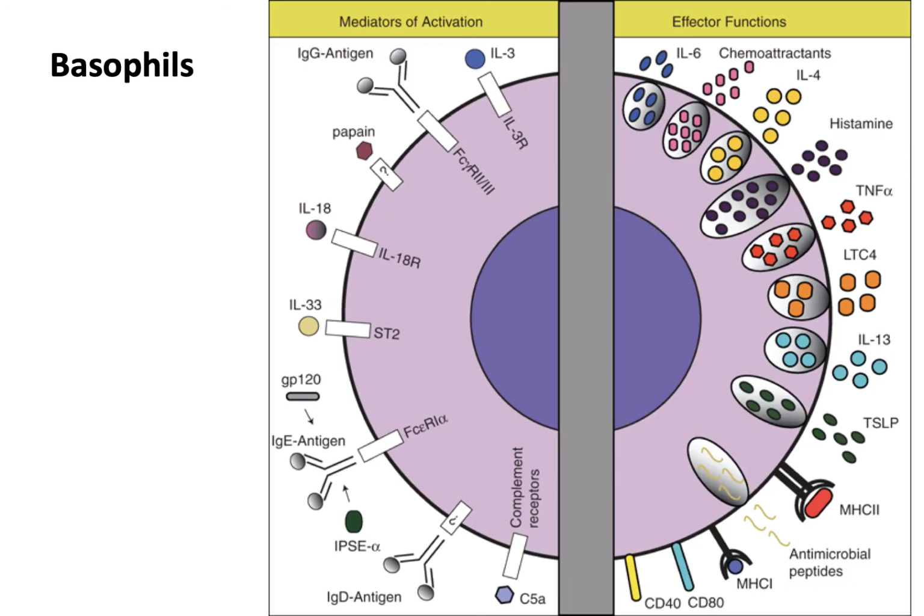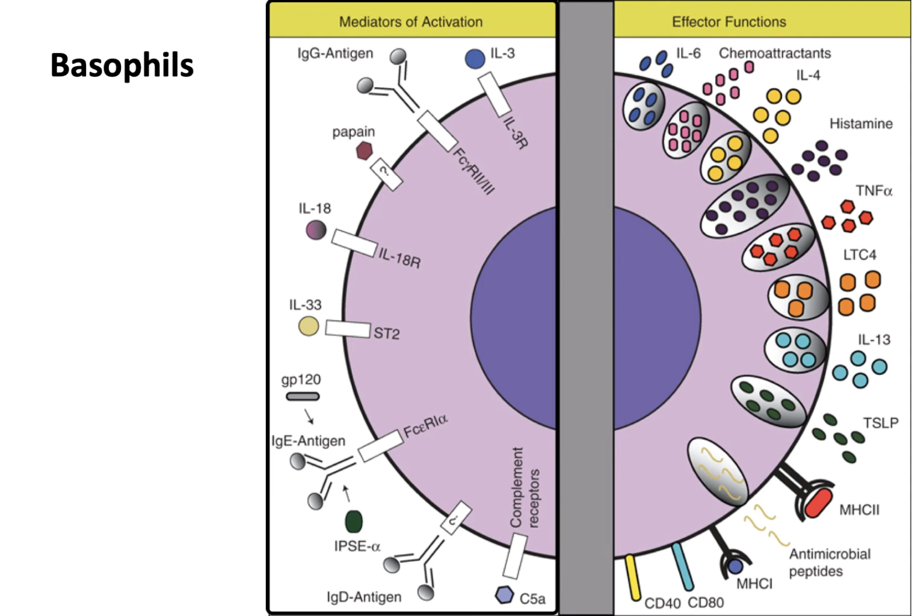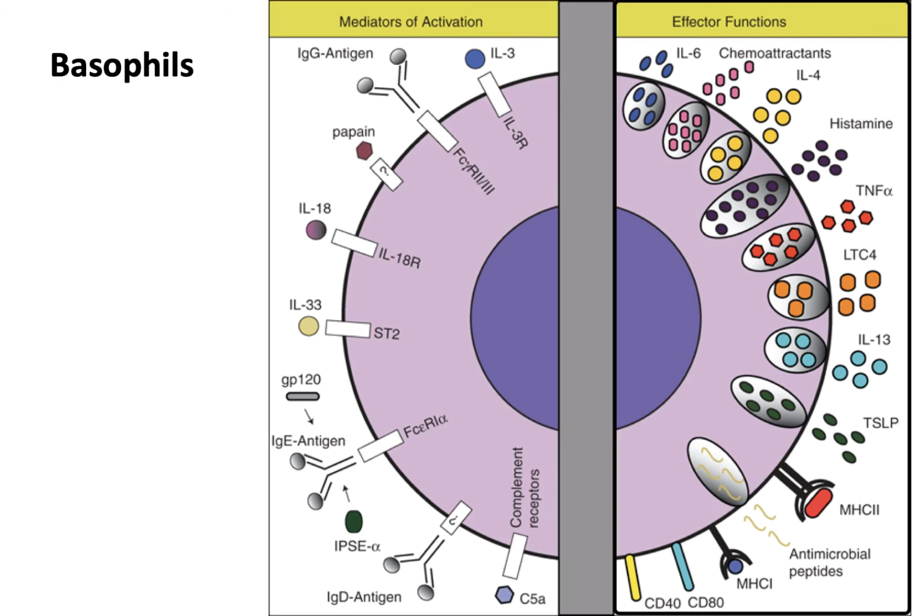So one other type of white blood cell, these are the basophils, and on the left-hand side, these are the elicitor molecules. These are the things that attach to the receptors on the basophils that elicit a reaction. And then on the right-hand side, these are all of the molecules that are either released or presented at the surface of those basophils.